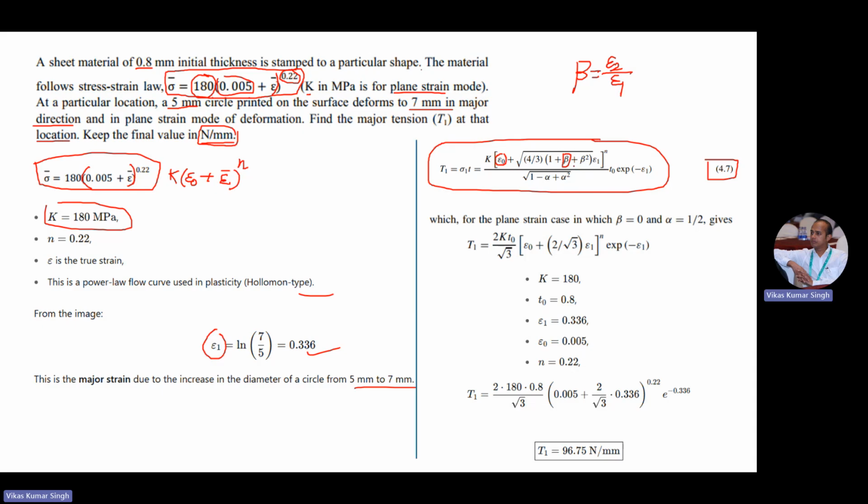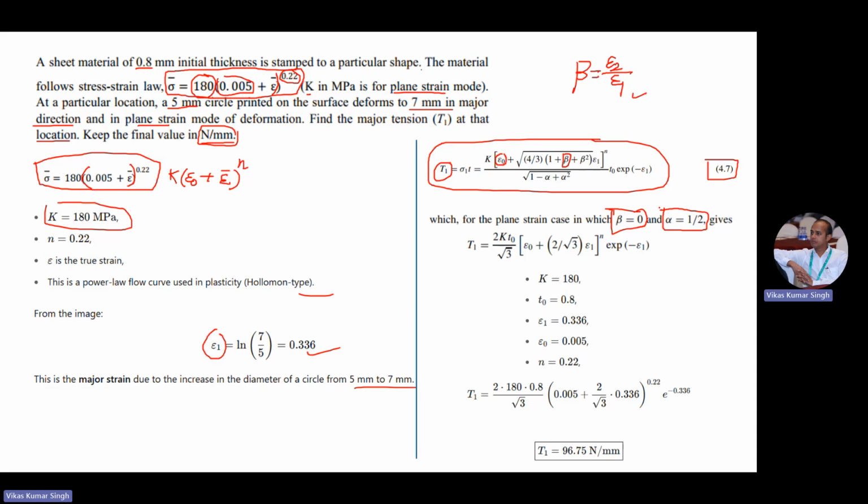If you replace beta in terms of the strains epsilon 2 and epsilon 1, and replace all these values, you get this direct T1 value. For plane strain mode, the beta value is 0. This is one standard case, and the alpha value is half for plane strain mode.